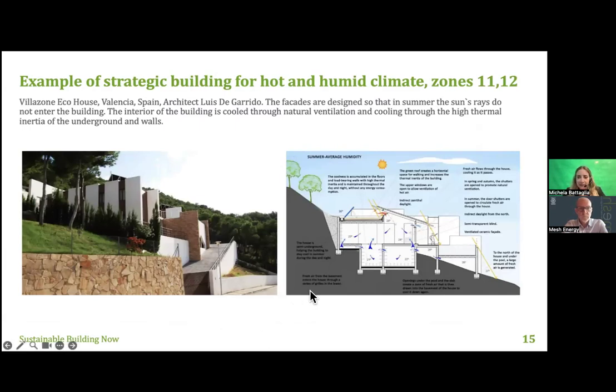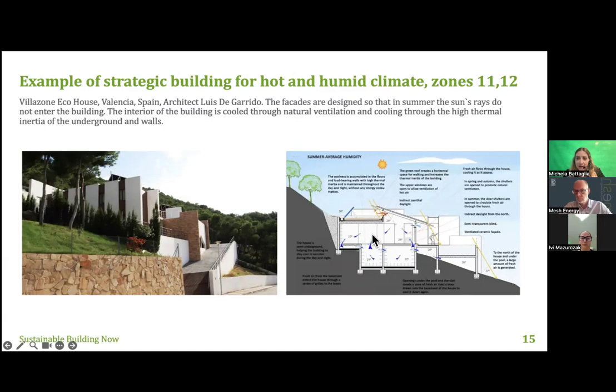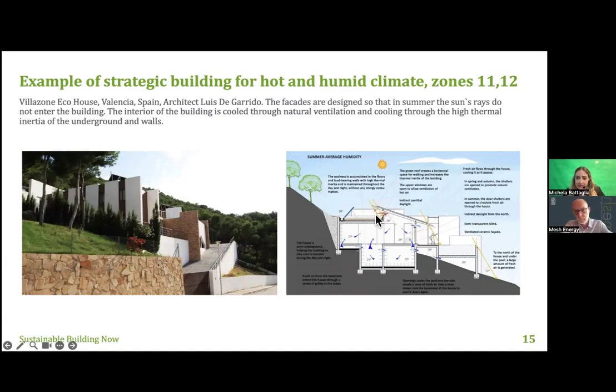This is a building designed by the architect Luis de Garrido. He implemented here high thermal mass, using materials with high thermal mass. Also, all the glazed parts in summer are covered by a solar shading system. There is the underground that is in contact with the building and helps to keep the building cool during the summer.